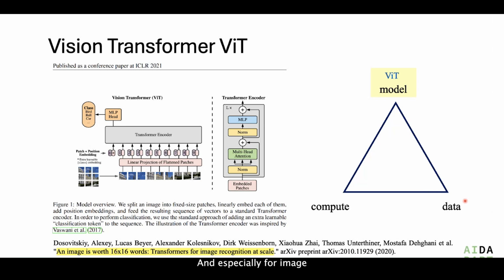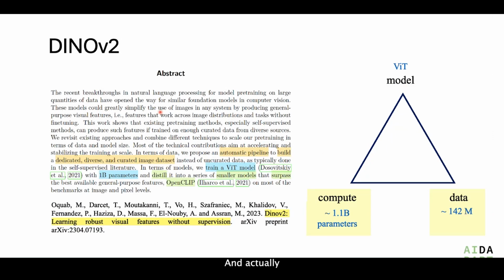And especially for images with respect to text, it's a little bit complicated to get high quality, good data that we can actually use to pre-train. And I think that's one of the strengths of DINOv2. So I took here the abstract from the paper and highlighted with different colors what I think are the most important contributions.